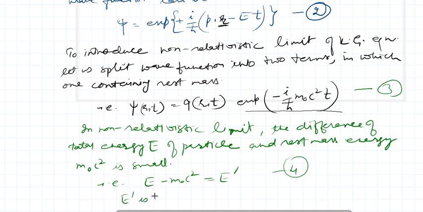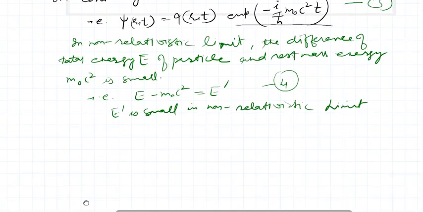Here E prime is small in the non-relativistic limit. Therefore, E prime is very much less than m naught c square.